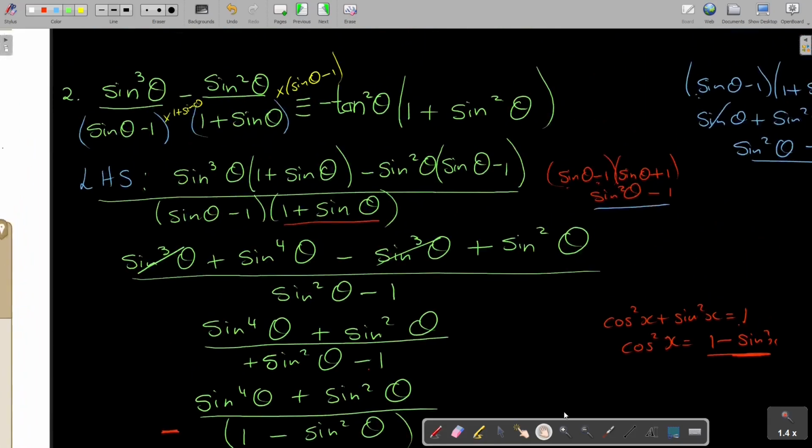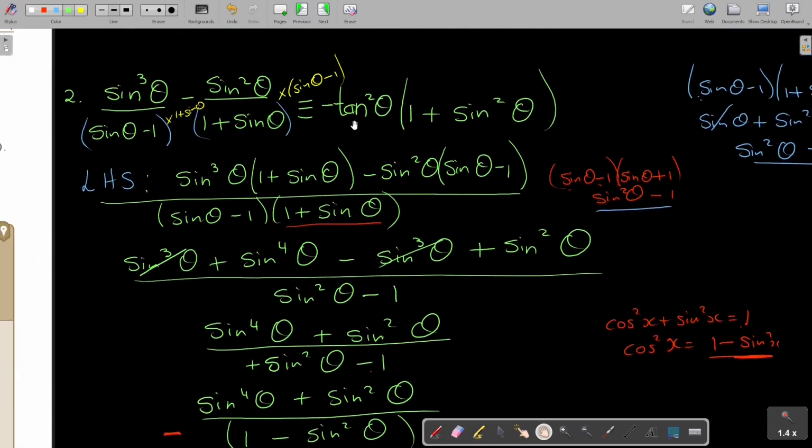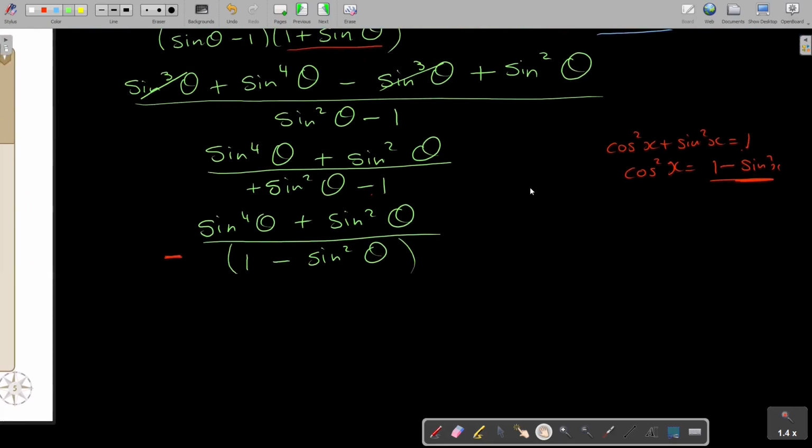Because I want to come to the tan. So I'm going to have the negative, just leave it in front. So it's going to be sin 4 theta plus sin square theta, and now I can have my cos square theta.